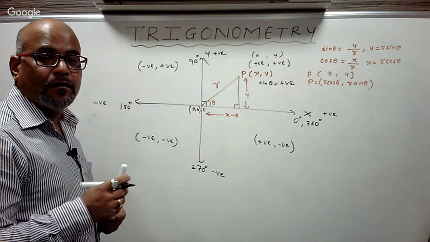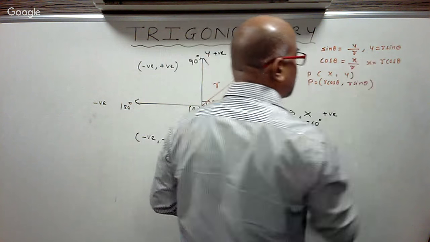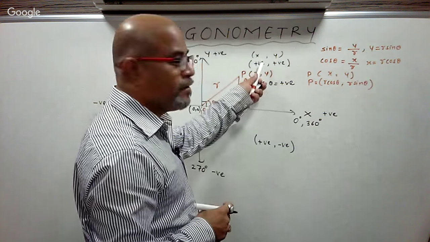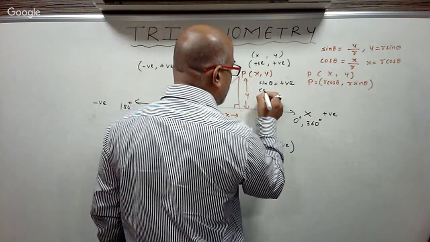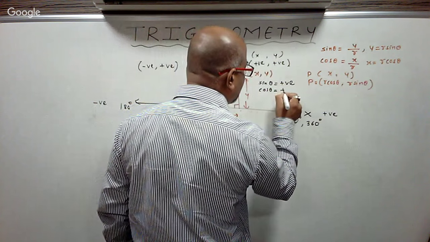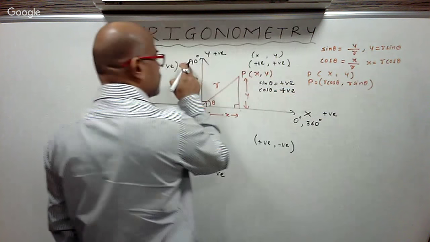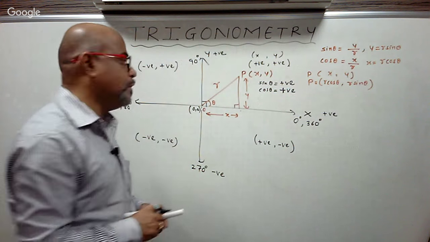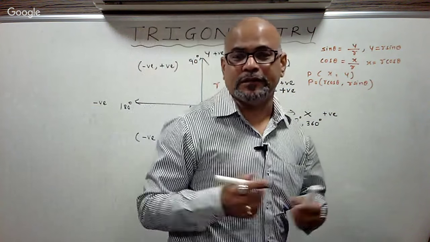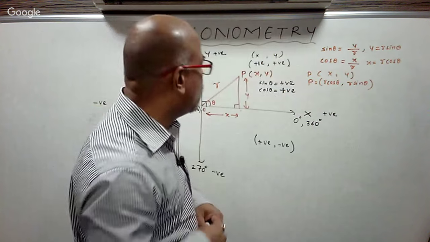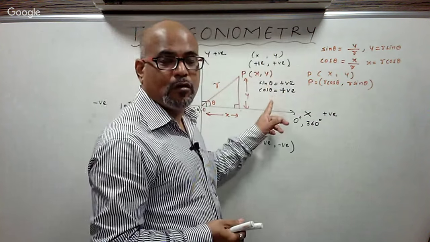Then we go for cos theta. Cos theta equals x upon r. Again we know that in the first quadrant x is positive, r always positive. Therefore cos theta is also positive. Therefore the value of cos for 0 to 90 degree is always positive. Now when we know sine and cos, we can easily find all the remaining trigonometric ratios, because tan theta equals sine upon cos.